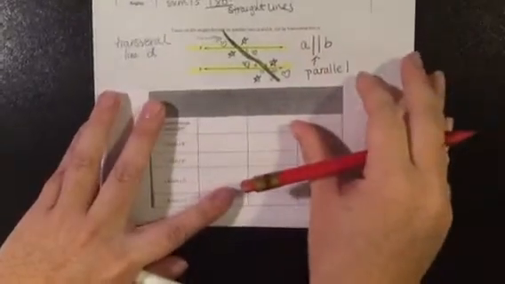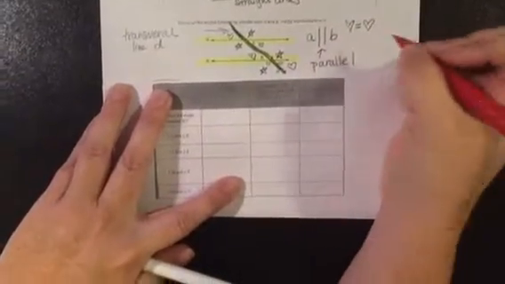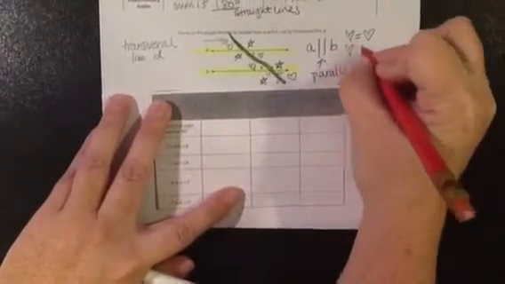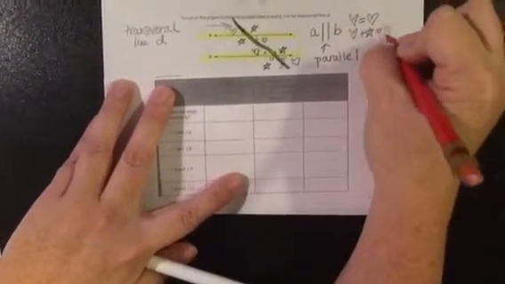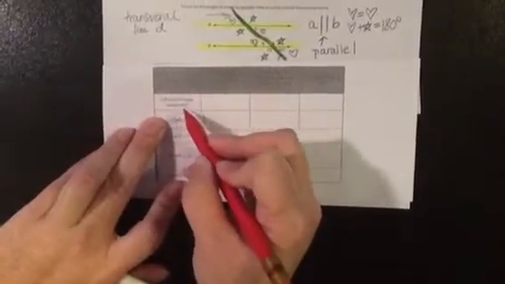Throughout our learning, we're going to learn that the hearts equal the hearts, and we're going to learn the math vocabulary for that. And we know that a heart plus a star is going to equal 180 degrees. So let's go ahead and look. It says angle 8 and the angle marked 40 degrees.